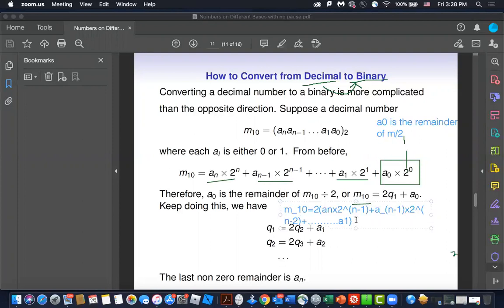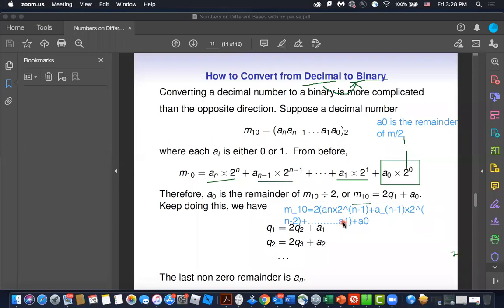The remainder a sub 0 is outside. So basically, the quotient q1 inside the parentheses, if we divide it by 2, the remainder will be a1.